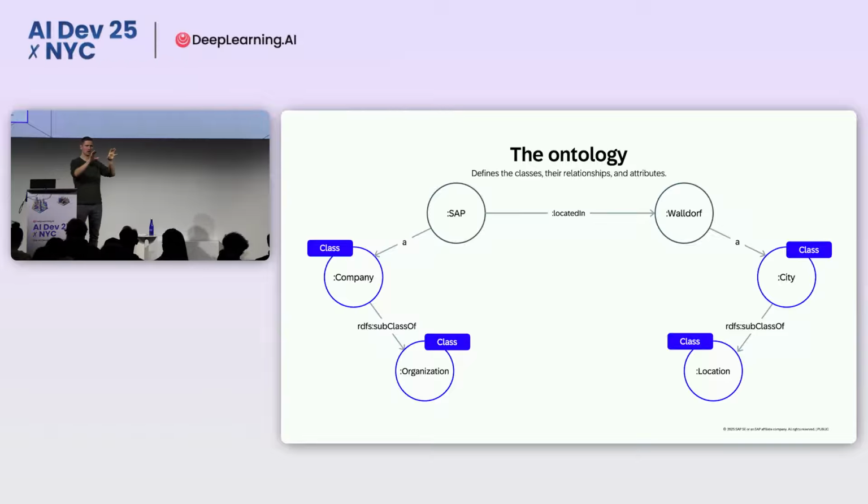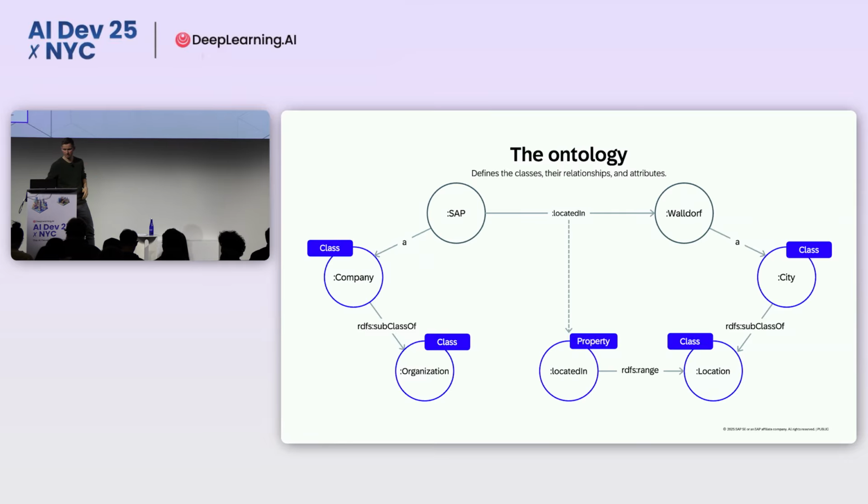In addition to talking about the entities, we can also talk about the relationships and provide semantics about these relationships. So we can represent the relationship located in our ontology and, for example, specify its range as being location. And that means whenever we encounter a located in relationship in the knowledge graph, we know that it points to something that is a location.